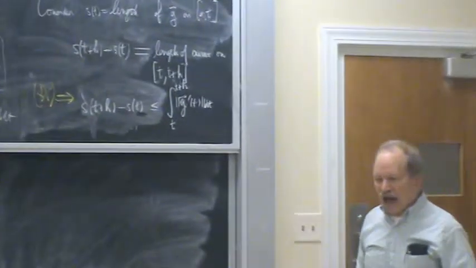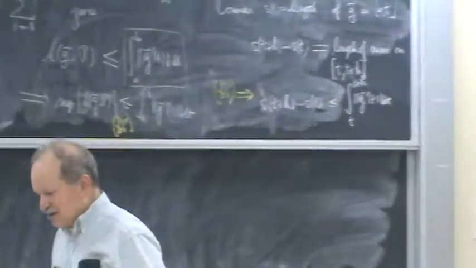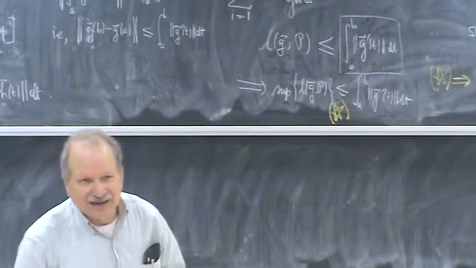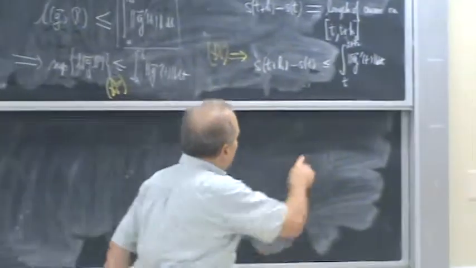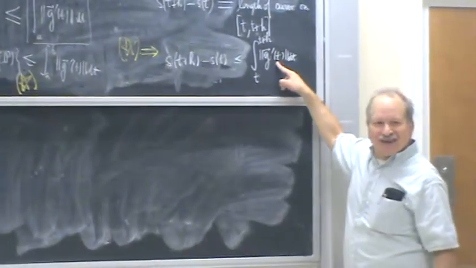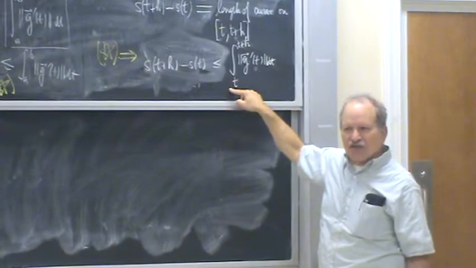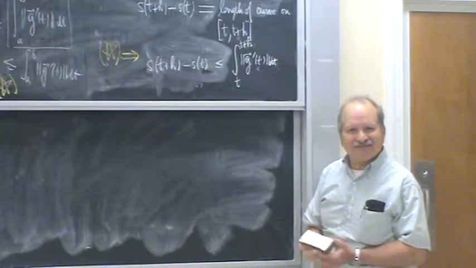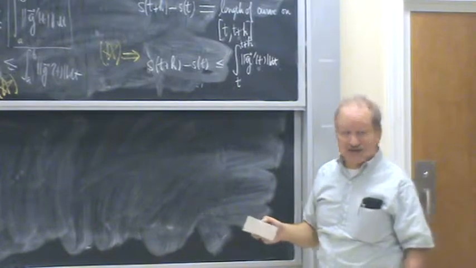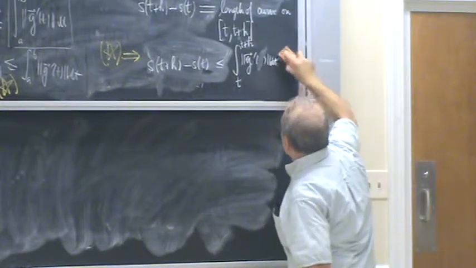But I don't allow people to write integrals like this, even though some books do. I don't like having an integral where the dummy variable is also the variable on the limits. That's just too confusing. So I don't want to put a t in there.